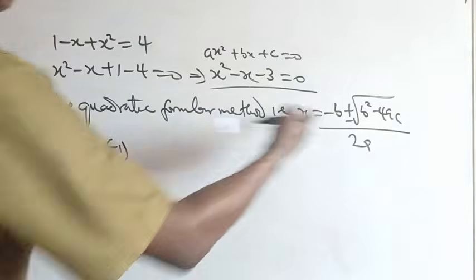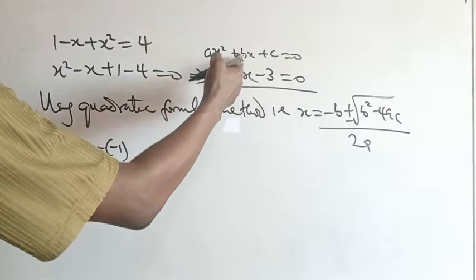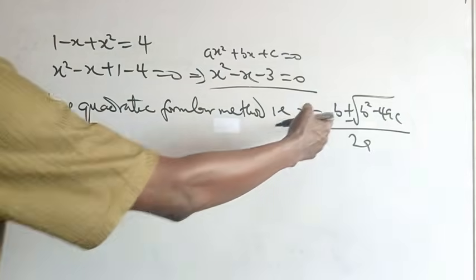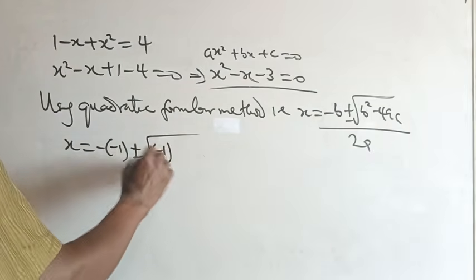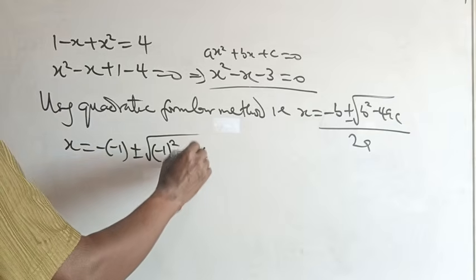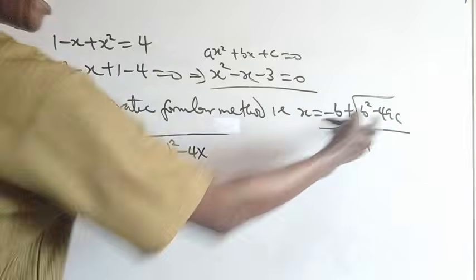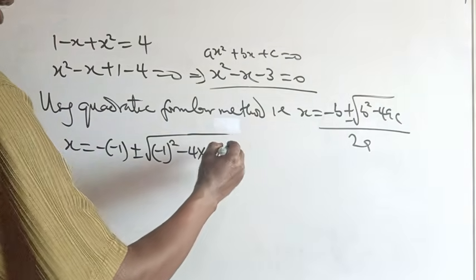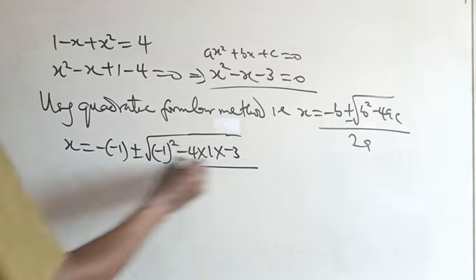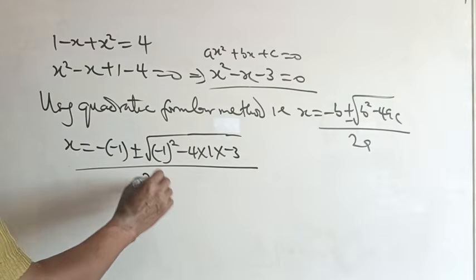So minus, because our b is minus 1, that's minus 1 plus or minus the square root of minus 1 squared, then minus 4 times a, which is 1, times c, which is minus 3, all over 2 times 1.